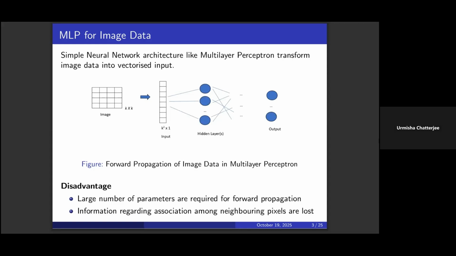There are actually two problems with doing this while implementing a multi-layer perceptron. The first problem is that it will require a large number of parameters, because the higher the resolution, the more parameters will be required.